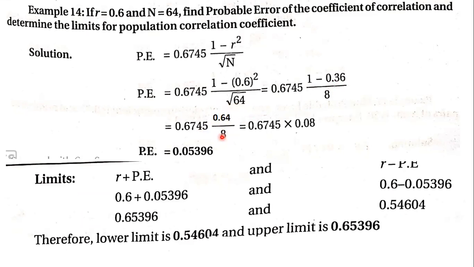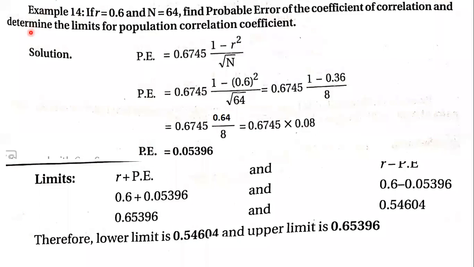If you divide 0.64 by 8, you will get 0.08, and when you multiply that with 0.6745, you will end up with a probable error of 0.05396. Now this is the probable error value that we have got.